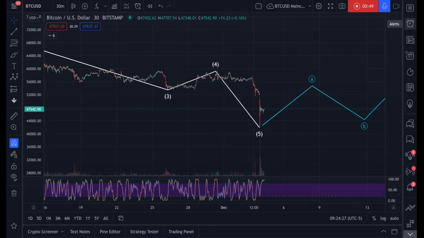Anyway, the purpose of this video is to observe and study the anatomy of a reversal. Why? Because a lot of people, our community members included, are going to want to start looking for long positions right now, right? The market dumped. Lots of people got liquidated. Lots of longs got liquidated.